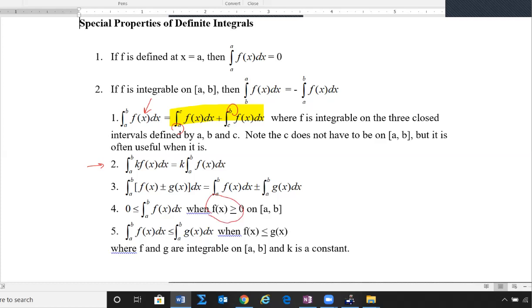That will always be true. Your definite integral of f will be less than or equal to the definite integral of g on the same interval, as long as f is less than or equal to g. Okay. What else do we have here? We'll have an exercise with some of these in a minute.